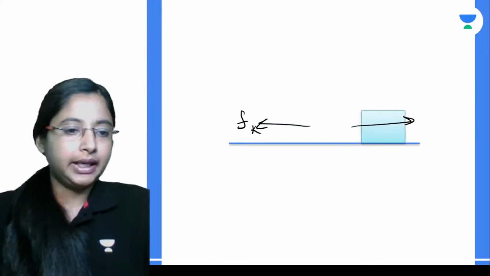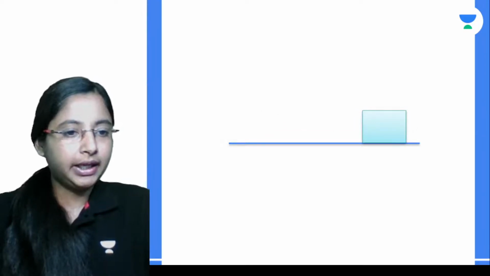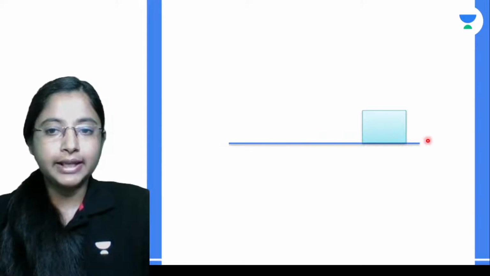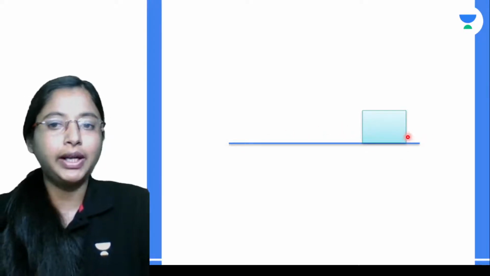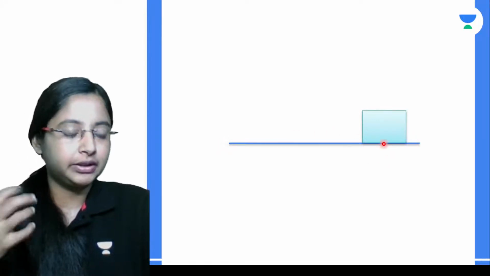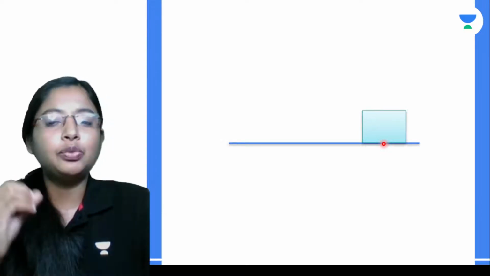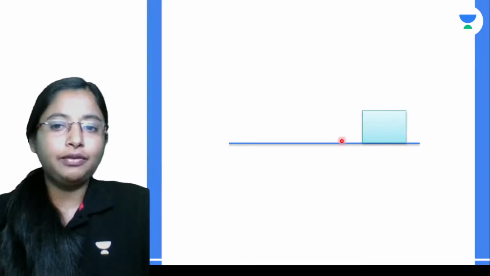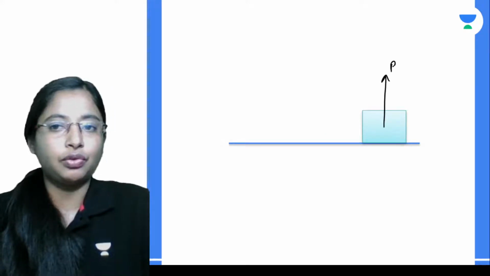Now again for kinetic friction, it depends on the contact surface. Friction itself depends on the type of contact surface we have between the block and this table or whatever you're taking, what objects are in contact, what type of surfaces are there, how polished they are. And then kinetic friction also depends on the normal reaction force.